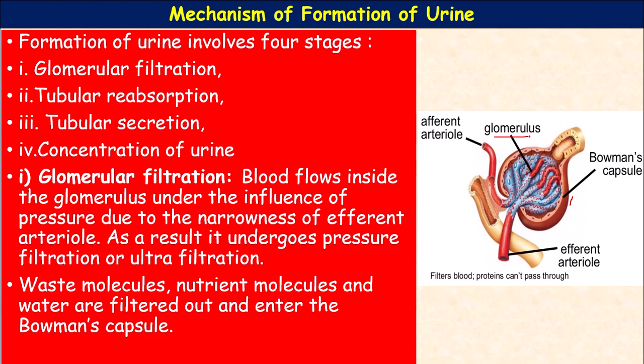In it there are fine filter pores. There are millions of minute pores when you observe under the microscope, millipore filters, that separate the red blood cells from the plasma.